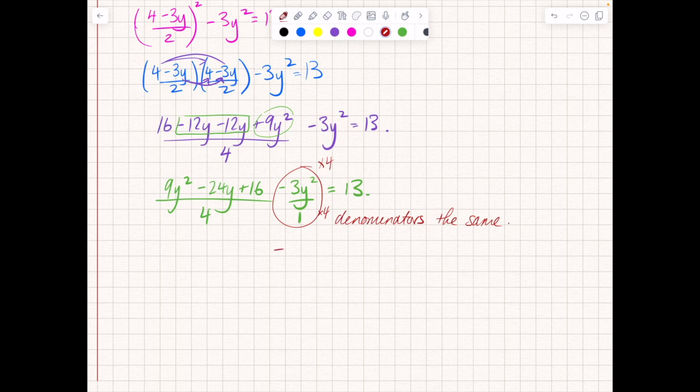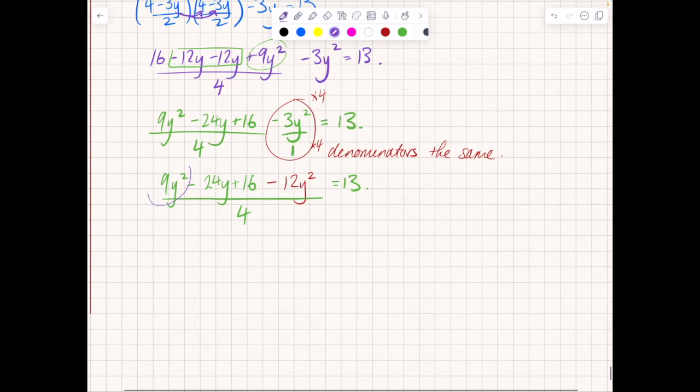Remember, so that actually now becomes minus 12y squared over 4. Now this is all staying the same on the left, 9y squared minus 24y plus 16, and that's all over 4. Now because both of these denominators are 4, I can effectively put this as one fraction now. So I can rewrite this like this over 4 equals 13. So if you made that mistake and you just took away 3y squared from that and made it 6y squared, stop it now, go back, do what I've done, see if you can work out what to do.